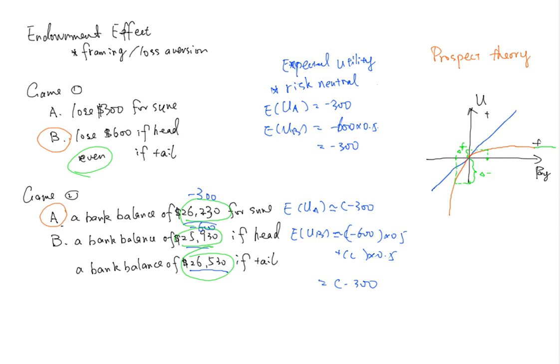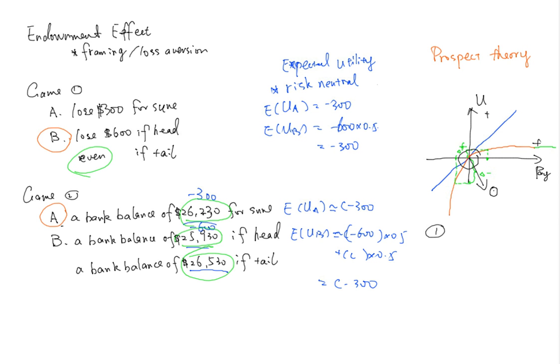Now there are two points I want to make here. First is why this has anything to do with framing. It has something to do with framing exactly because prospect theory tells you that your loss and gain have asymmetric utility. But how do you define loss? Where is the reference point? Where is your ground zero?